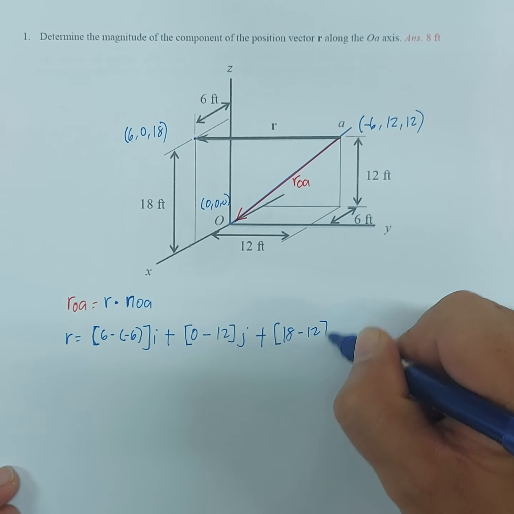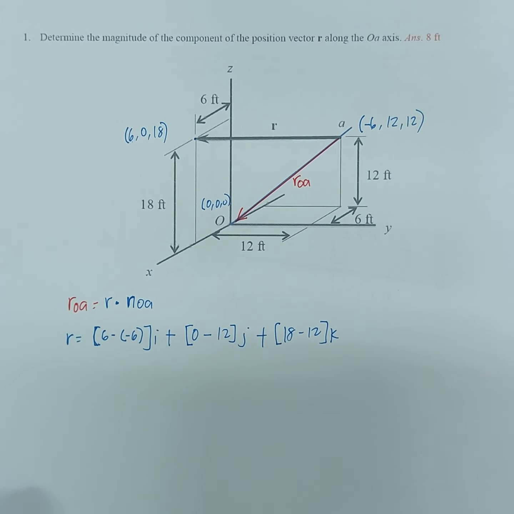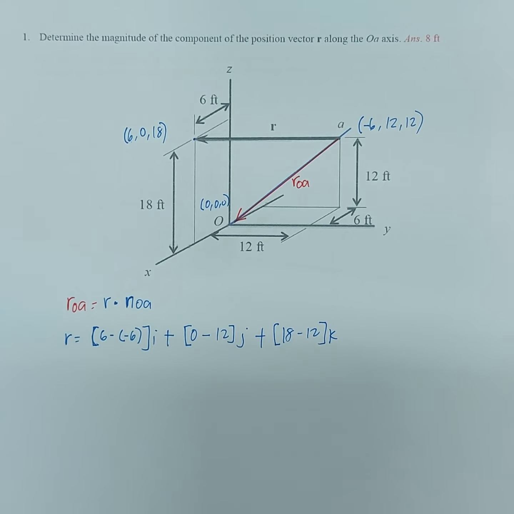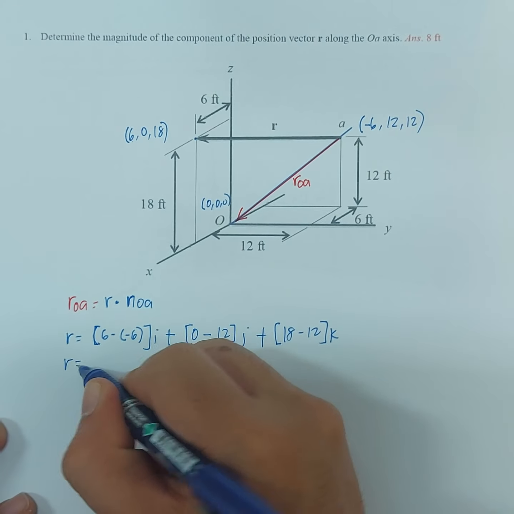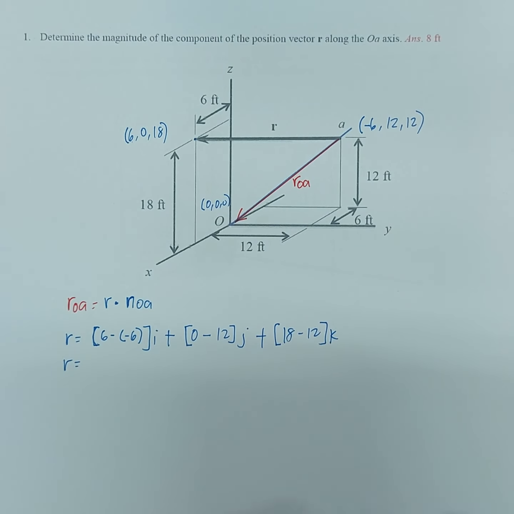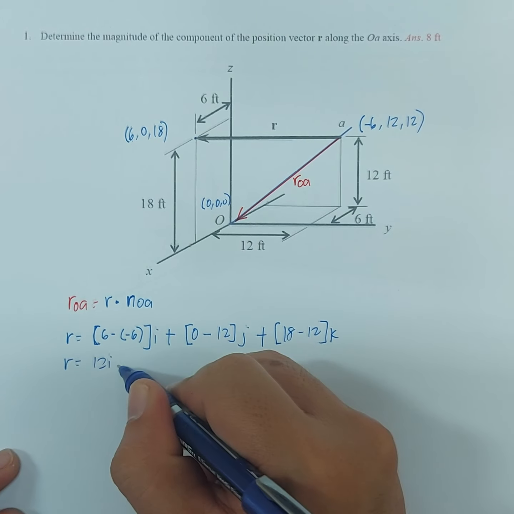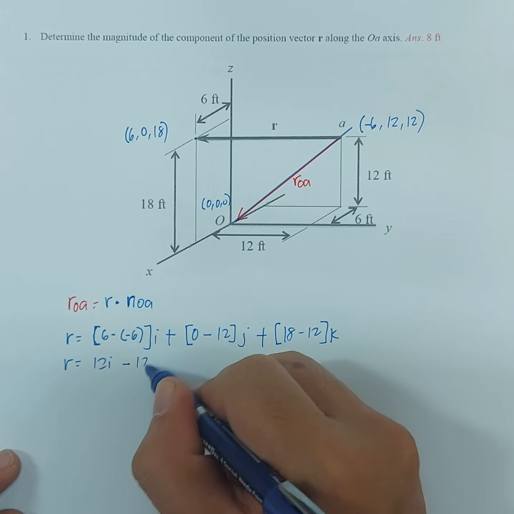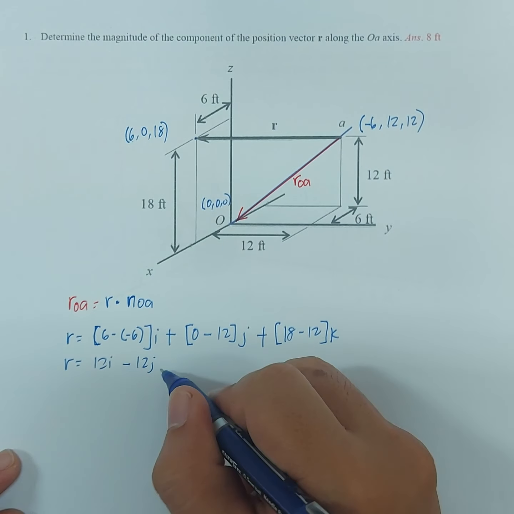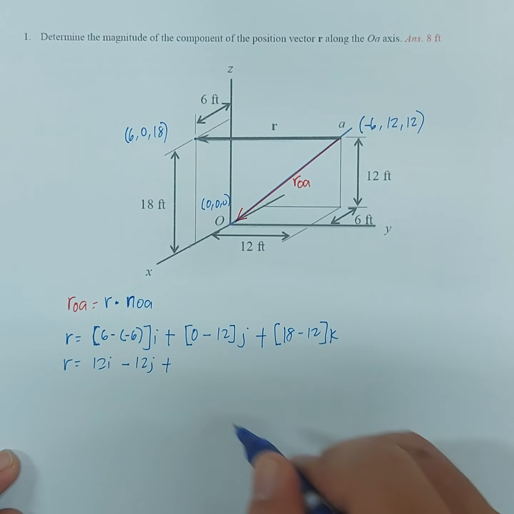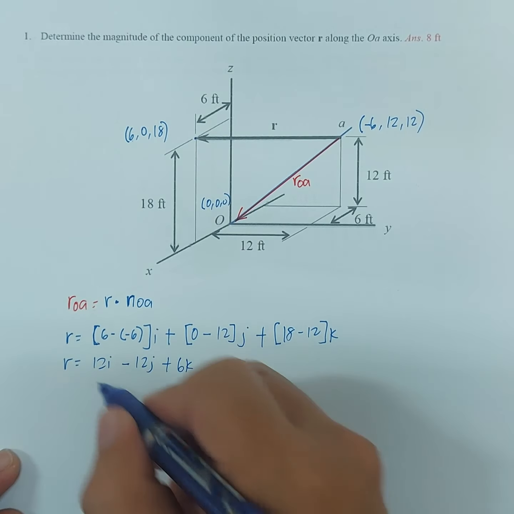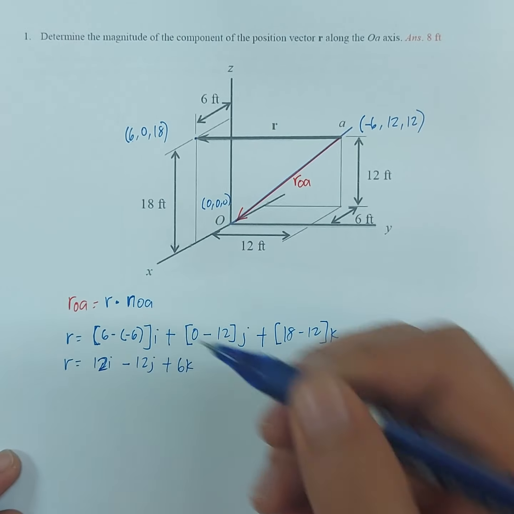Okay, so that would be our position vector R. Let's simplify: that is 12i minus 12j plus 6k. So this would be our position vector.